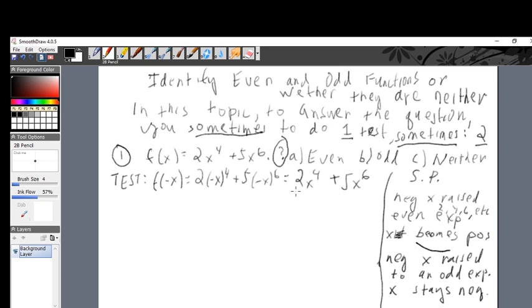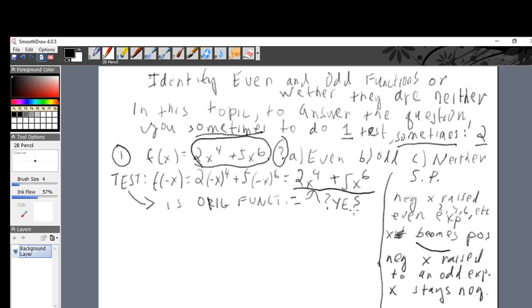Okay, now, here's the test. The test is: is the original function, which is this, equal to what we just produced? Are they equal? The answer is yes.